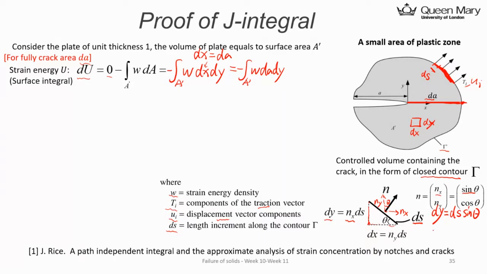So now you can simplify: dy is equal to nx times ds. So that's the simple trick, actually, how we can relate the dy to ds. So let me finish that.